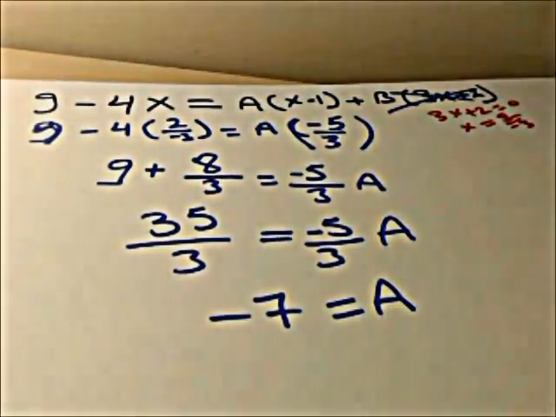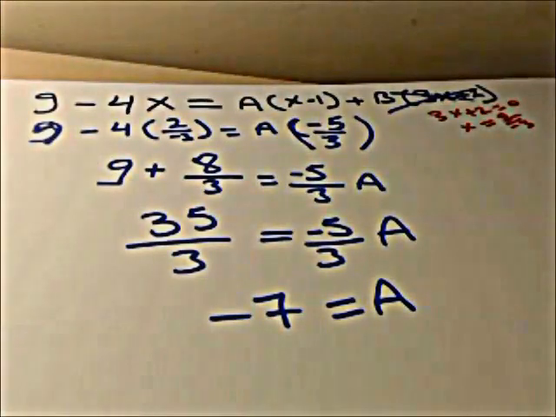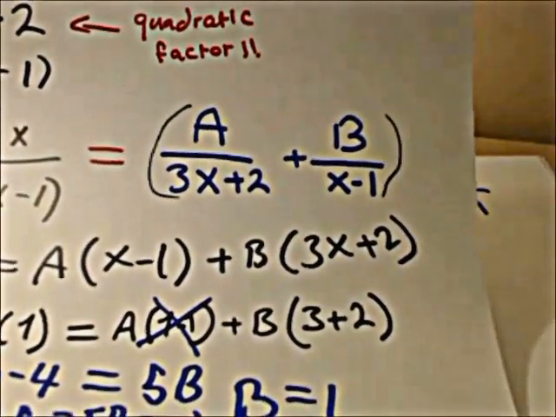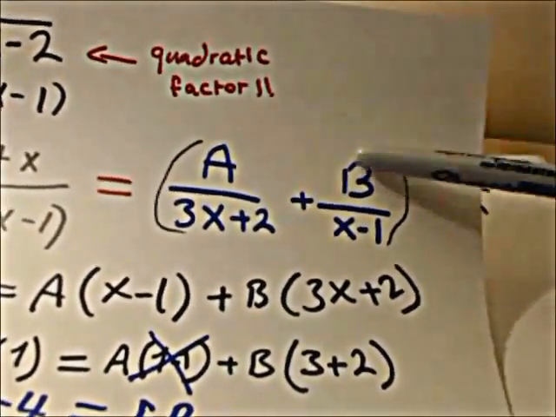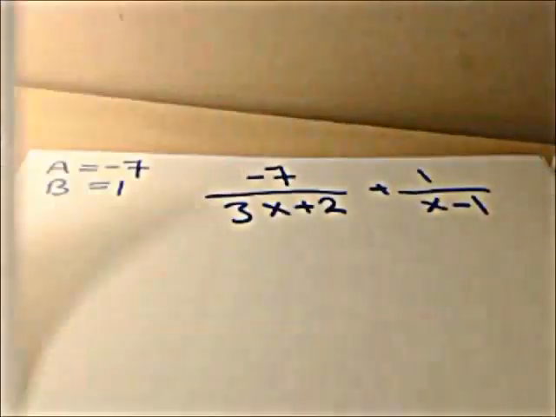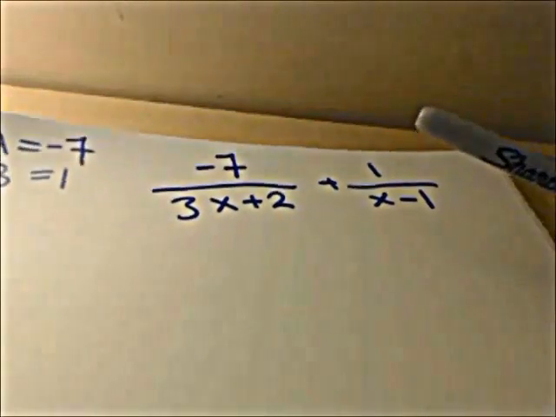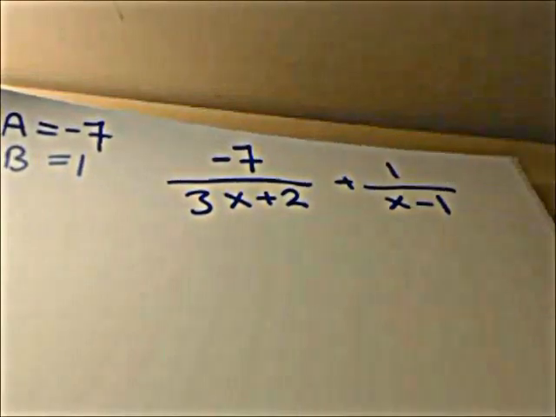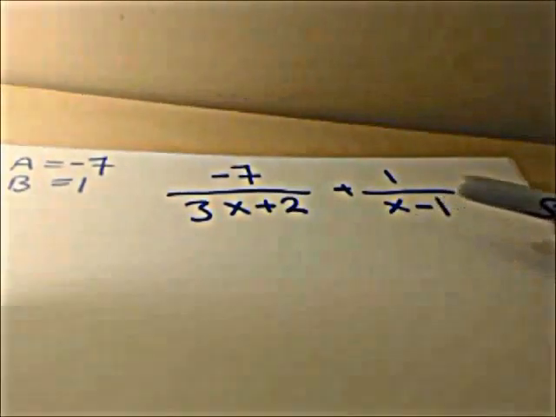So what we've got here is B equals 1 and A equals -7. Now that we've got our values of A and B, we can substitute them into the original partial fractions: minus 7 and plus 1, and that's your final answer.